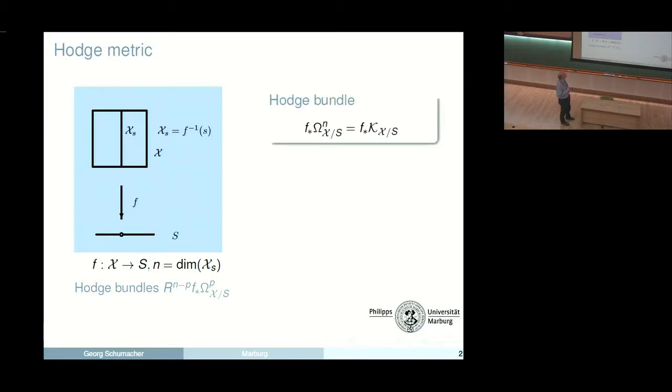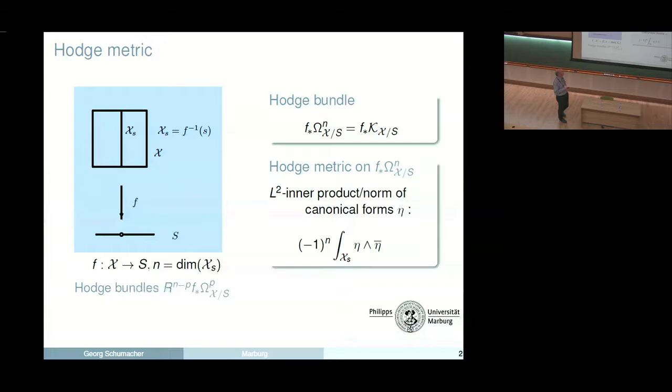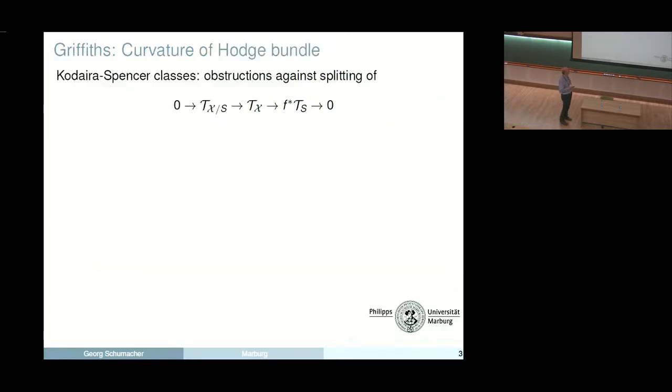So I will focus on the Hodge bundle f lower star of omega n of canonical forms, or f lower star of K_X/S. And so the Hodge metric is given as the L2 inner product of canonical forms. And so in Griffiths' computation of the curvature, the Kodaira-Spencer classes play an important role.